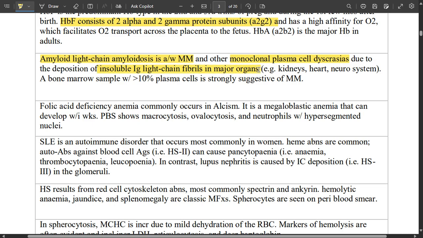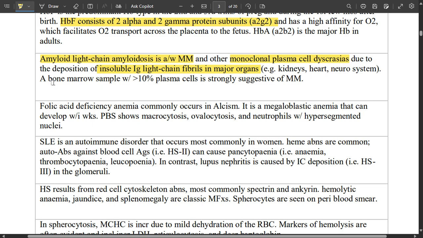So in amyloidosis, there is the formation of insoluble immunoglobulin deposits, including in multiple myeloma. There is excessive proliferation of plasma cells. This is one of the plasma cell disorders. Those plasma cells form insoluble immunoglobulin light chain fibrils, which deposit in major organs like the kidneys, heart, and neurological systems.